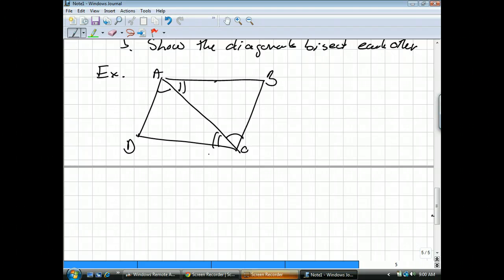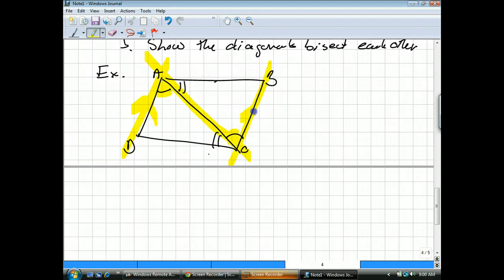Okay, well, I have this line, and this would be the transversal. So this angle and that angle are congruent to each other. So that means this has to be parallel to this. So AD must be parallel to BC.